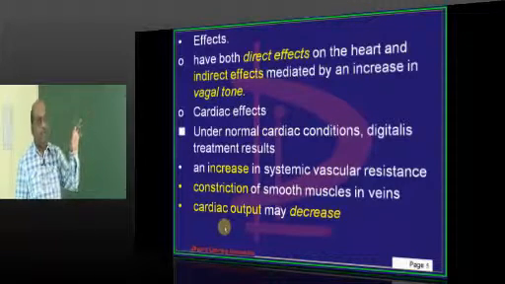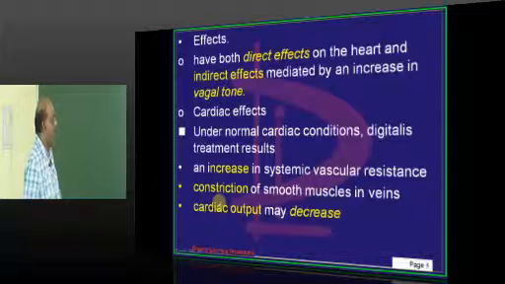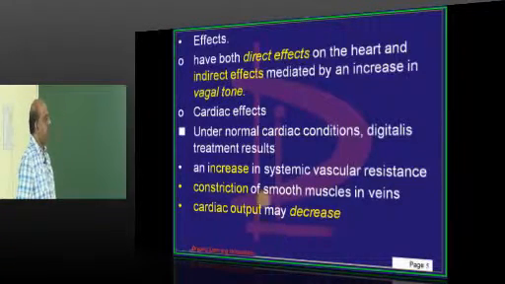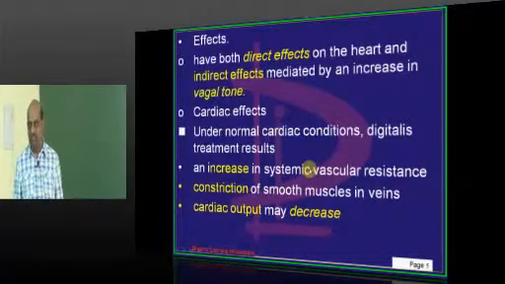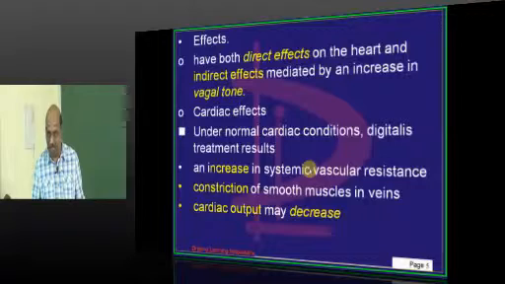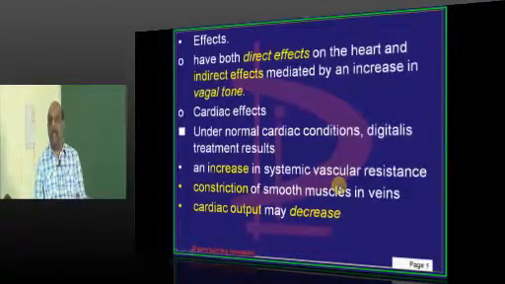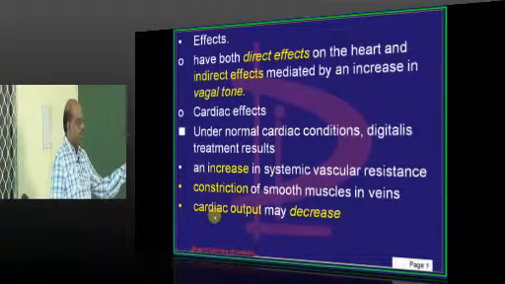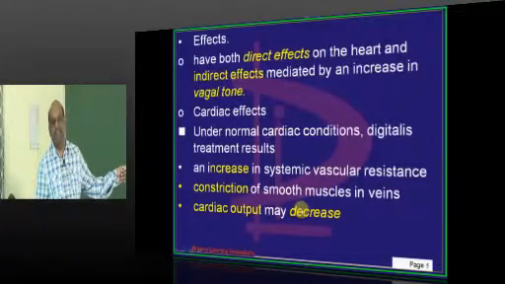It will contract the smooth muscle on the veins, and these are the two important effects in a normal person who doesn't have congestive heart failure. In fact, in a normal person without congestive heart failure, if you give Digitalis, the cardiac output may in fact decrease rather than increase.